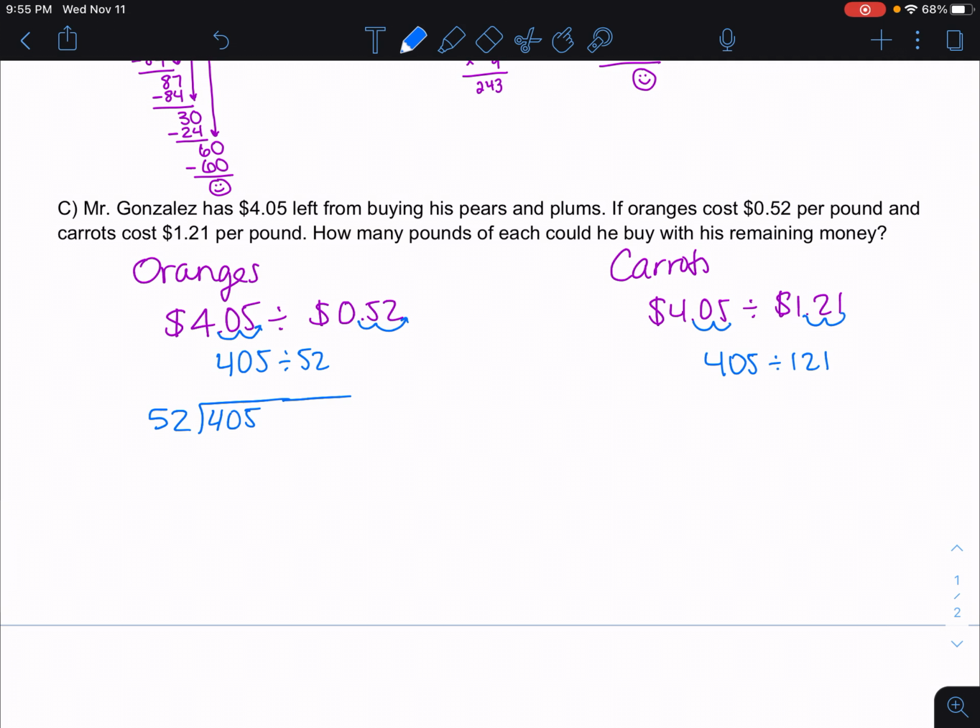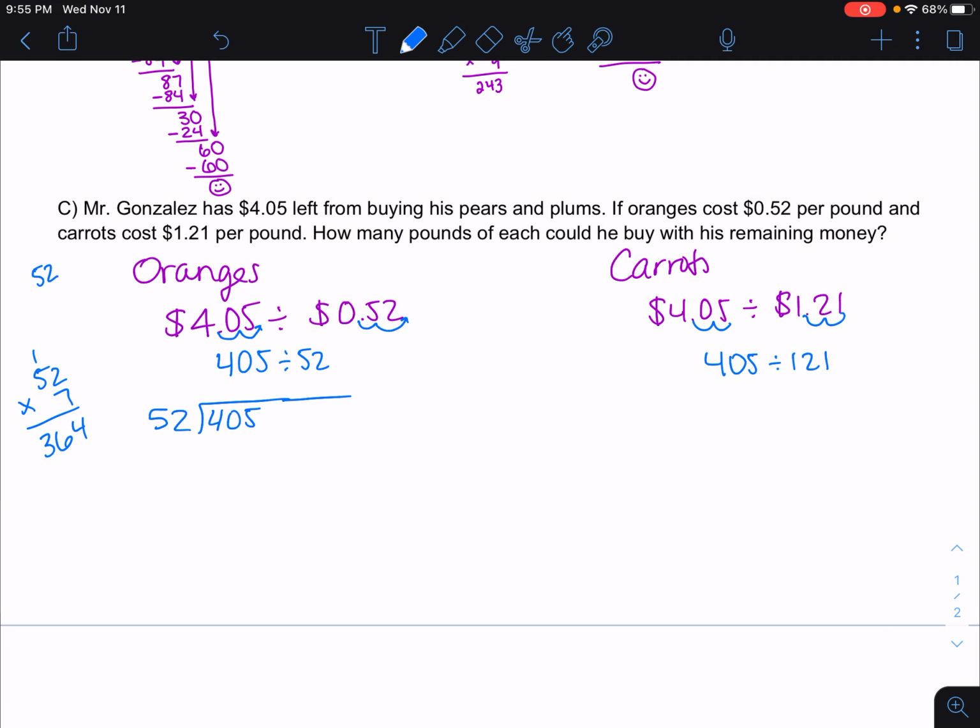I think I'm going to try 3. So 52 times 3. 3 times 2 is 6, 3 times 5, that's way too small. Let's try 52 times 7. 2 times 7 is 14, carry the 1. 7 times 5 is 35, 36.